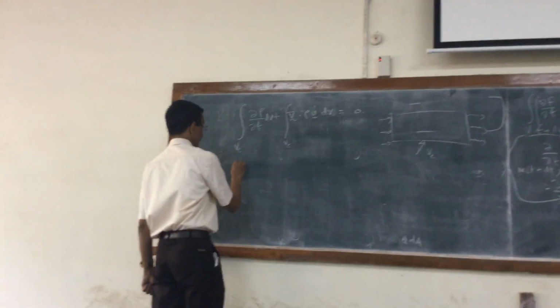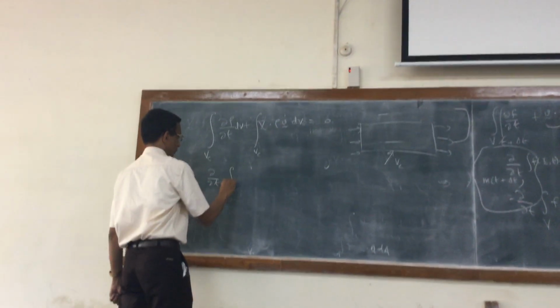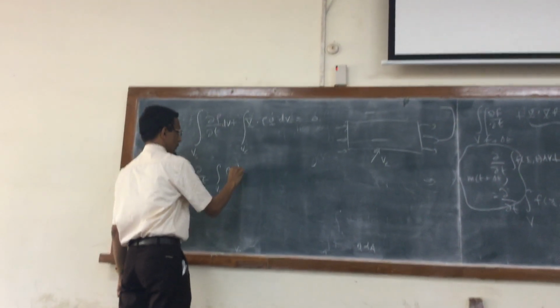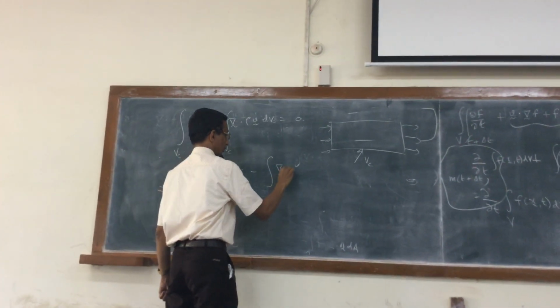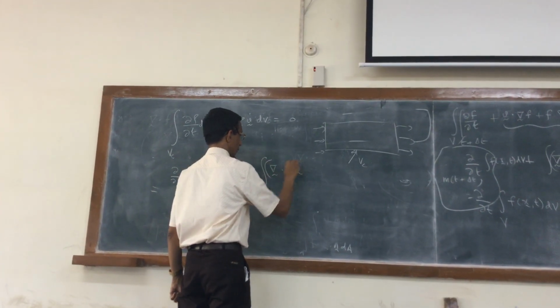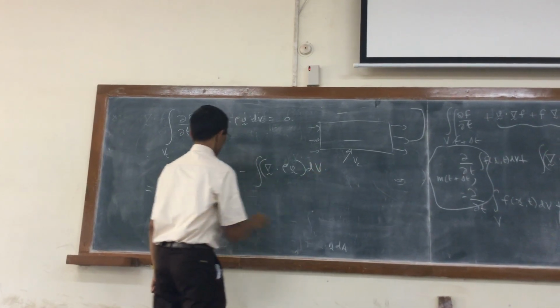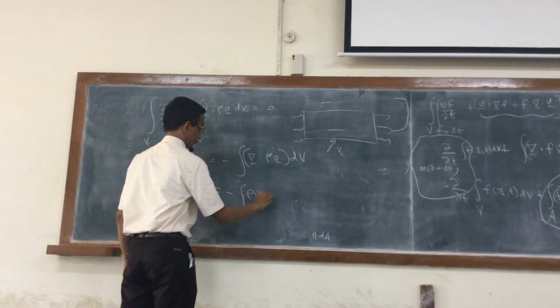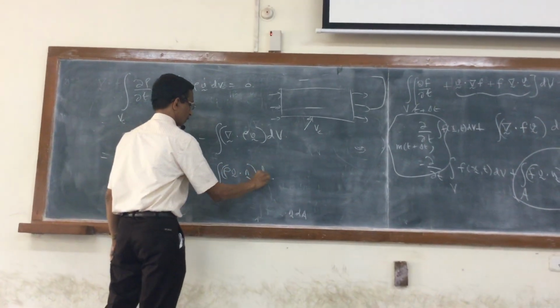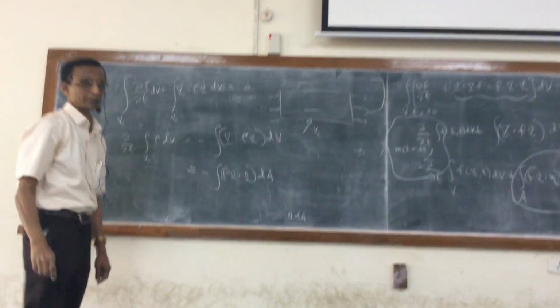So now I can write this as d by dt, take the time derivative out, and I can write it as minus which is of course equal to, I can leave it like this, but I get a better physical interpretation if I write it like this.